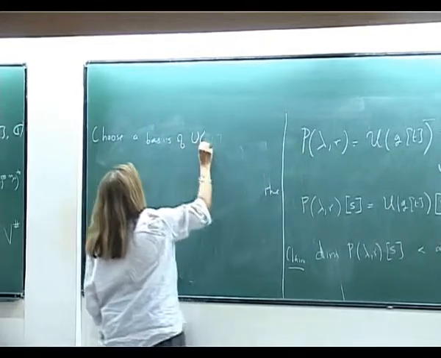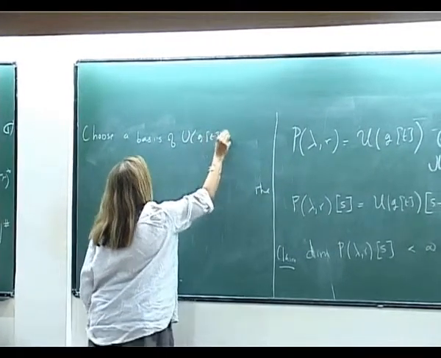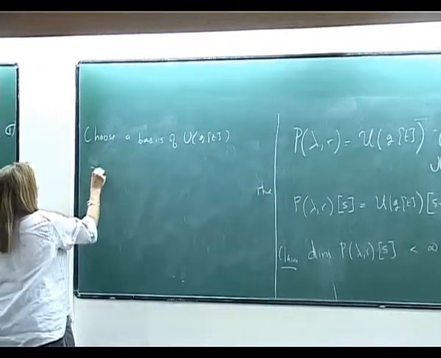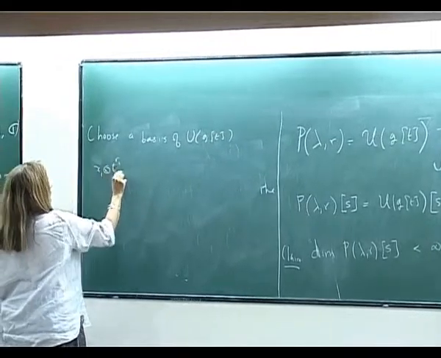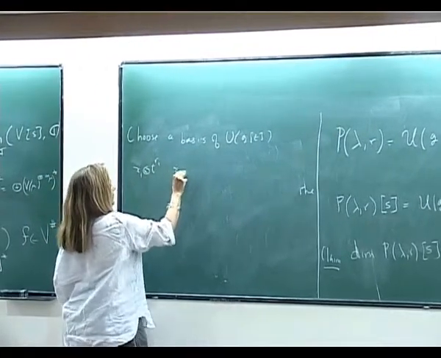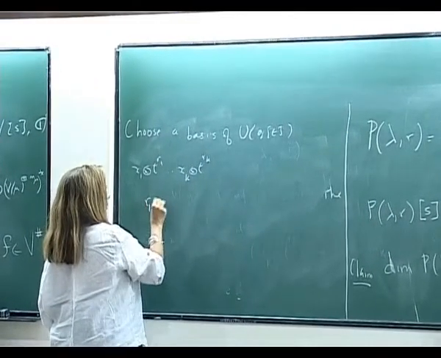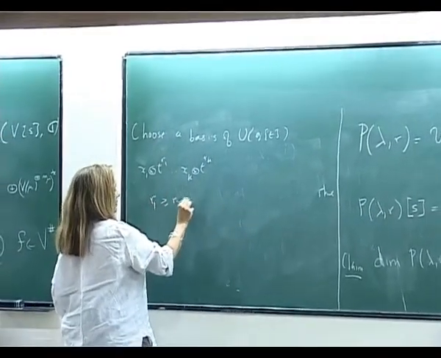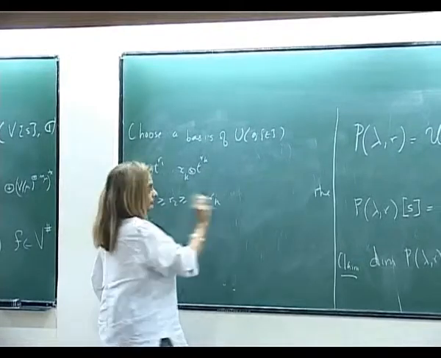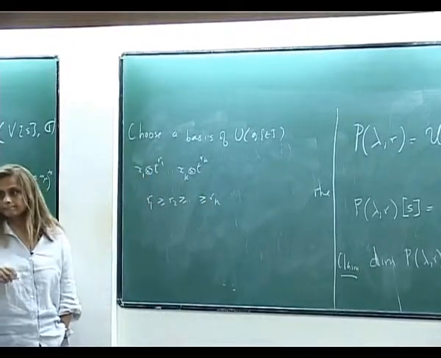Okay? So choose a basis of U of GT of the following form. So you take x1 tensor T power r1, through xk tensor T power rk, where maybe you want to assume that r1 is greater than or equal to r2, greater than or equal to rk. Okay.